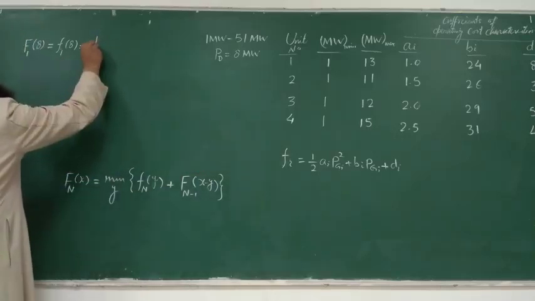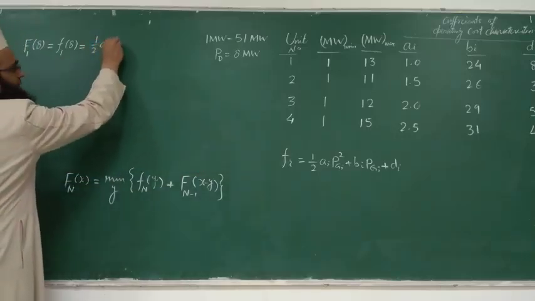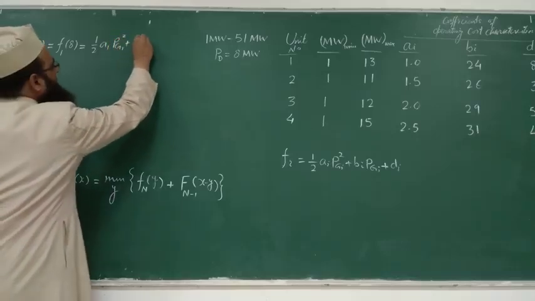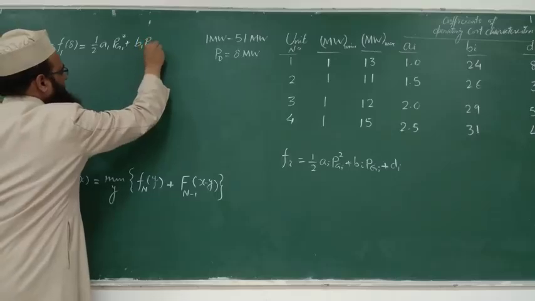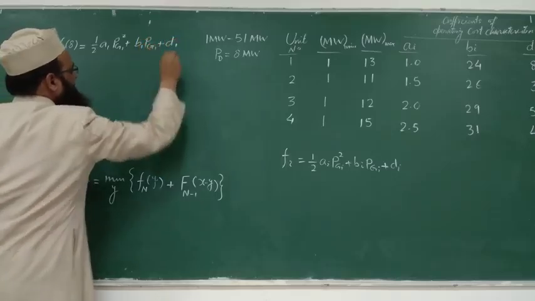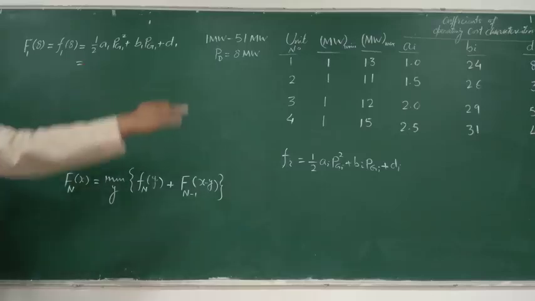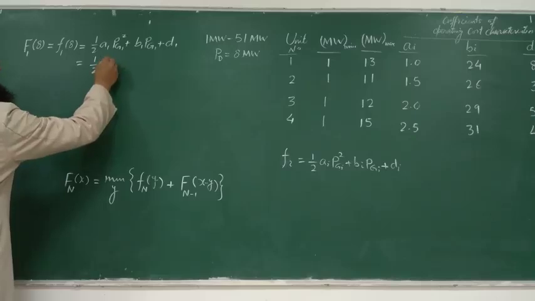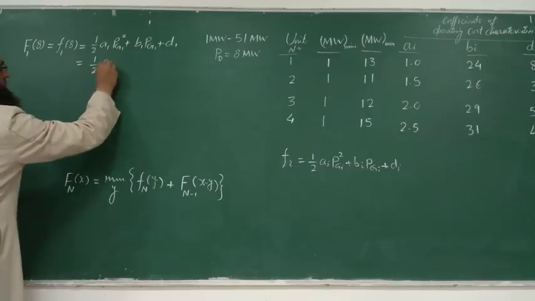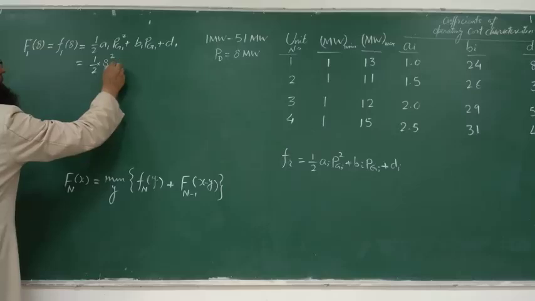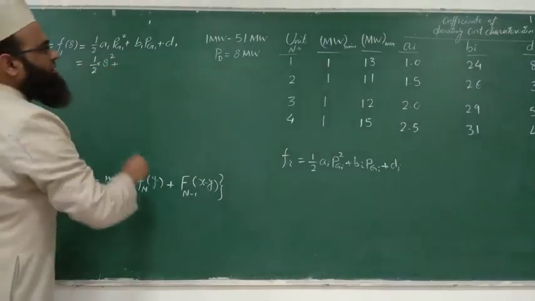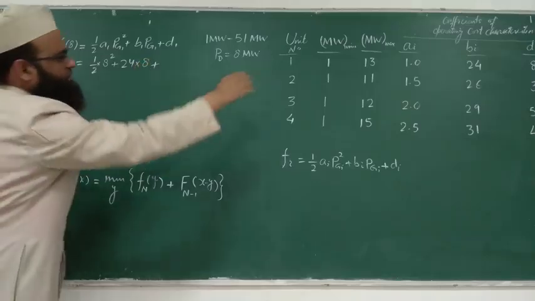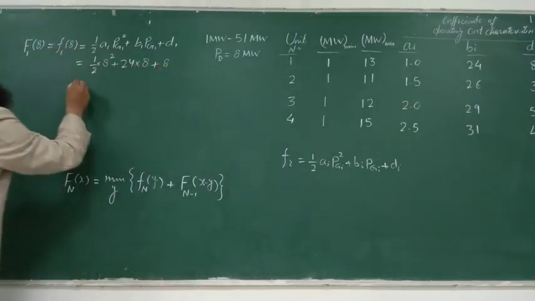So it will be half A1 Pg1 square plus B1 Pg1 plus D1. Put the values. So A1 is 1. Okay. So half into 1 into Pg1, which is 8, 8 square, plus B1 is 24 into Pg1 is 8, plus D1 is 8. Take the values.